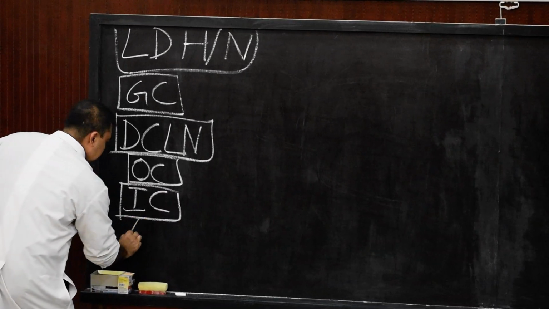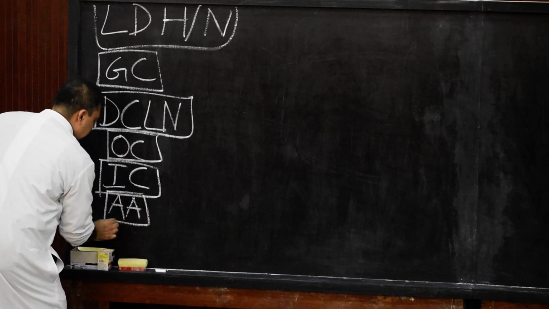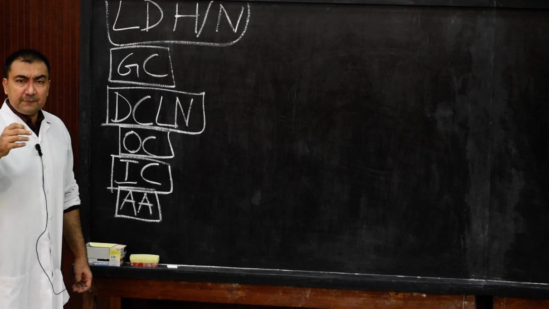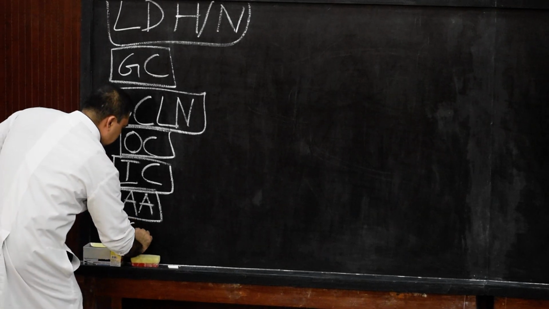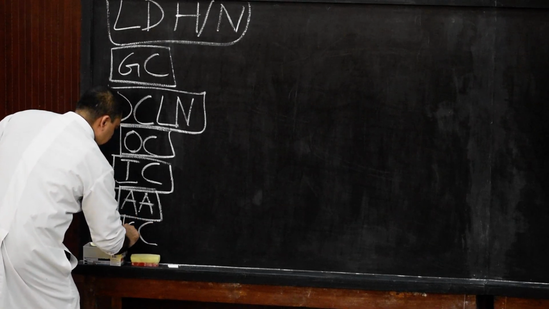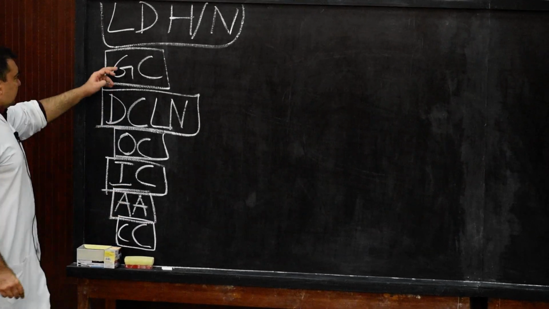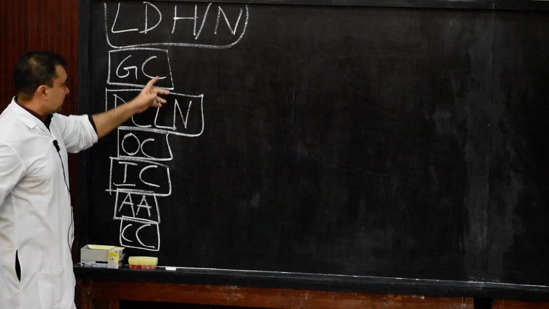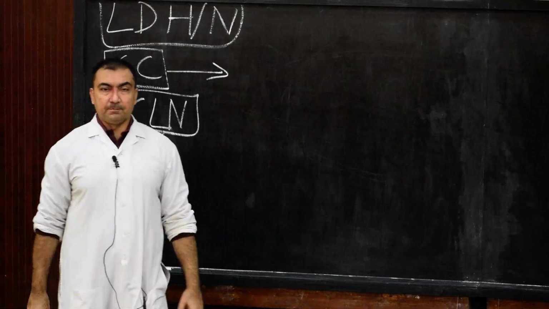Then we discuss the applied anatomy of the lymphatic drainage of head and neck. In the end, clinical classification of the lymph nodes of head and neck, which we keep in the end. So altogether, we discuss six different points. The first point is general consideration, introduction.